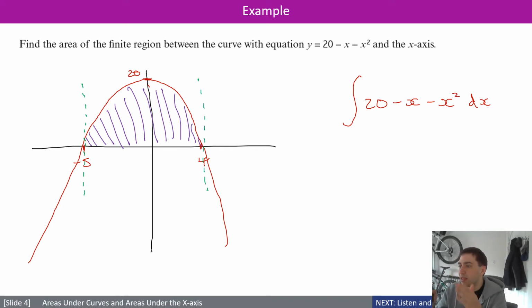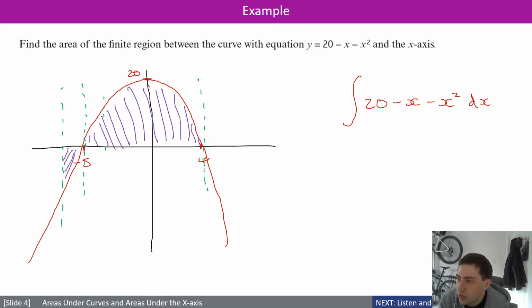The reason is, if they were closer together, for example if my left limit was here, then I wouldn't be including this area. I would be chopping off a bit. Likewise, if I had put the limit further to the left over here, then you're going to start including this area.